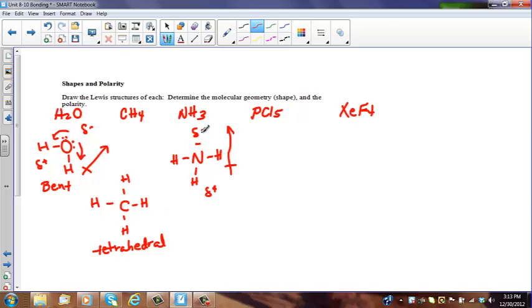This is, again, tetrahedral. All of these so far have tetrahedral electron arrangements, but we're not really interested in that because we have 4 groupings off the central atom. And this is trigonal pyramidal. Some people just call it pyramidal in shape. Depends on where you're looking.